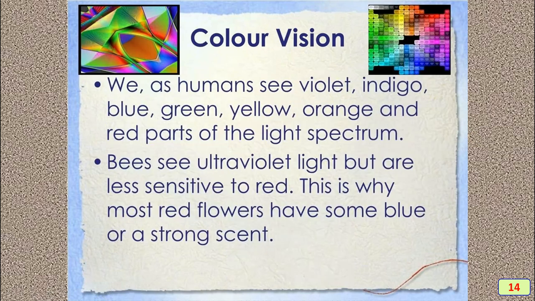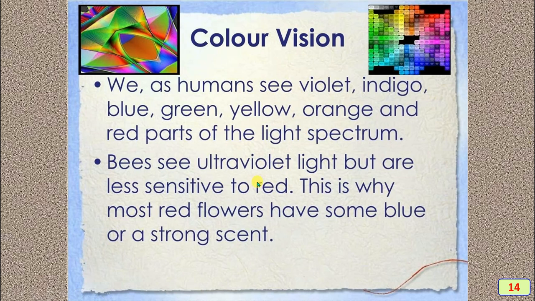And color vision: as humans, we can recognize violet, indigo, blue, green, yellow, orange, and red parts of the light spectrum. But bees see ultraviolet light, and they are less sensitive to red.